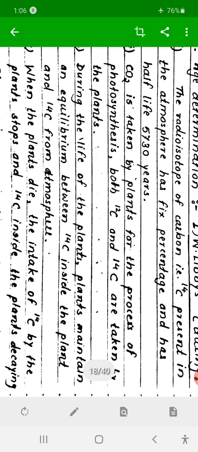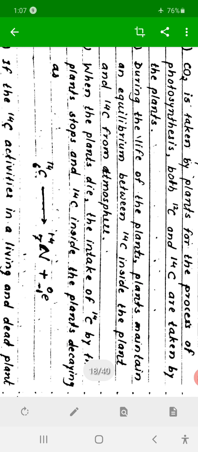During that intake, both C12 and C14 are absorbed from the atmosphere. Therefore, in the plant body, the C14 and C12 percentage is always constant and the same as the percentage in the atmosphere.